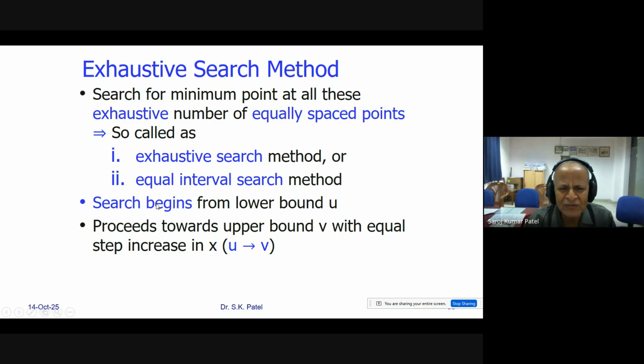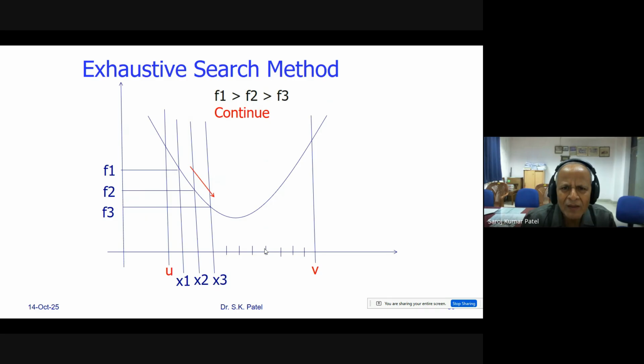And here the search begins from the lower bound, that is x is equal to u. And then we proceed towards the upper bound, that is v. From u to v, we will proceed. See here, this is u and this is v. This is the total interval, and it is divided into an equal number of intervals. At any time, we will compare 3 consecutive points.